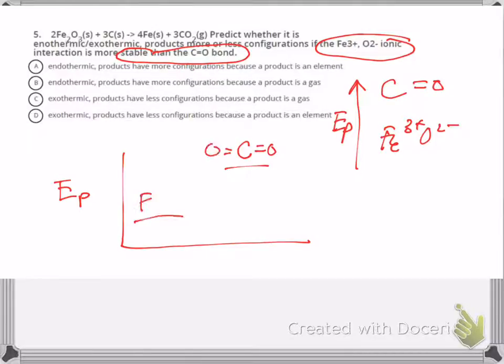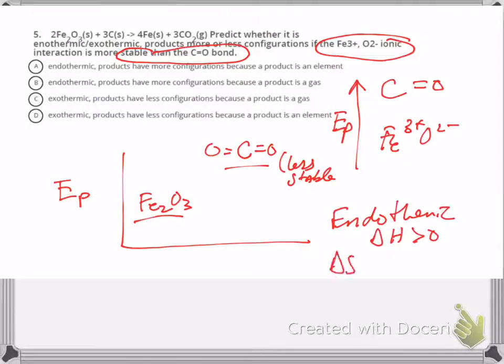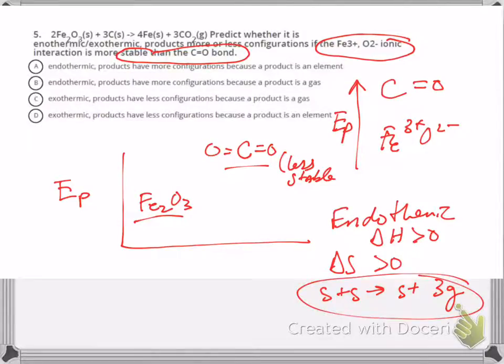So we could write the potential energy like this: less stable C double bond O, more stable Fe2O3. We have an endothermic reaction. Delta H is greater than 0. Delta S is greater than 0 because we have solid plus solid in reactants making solid plus gas. Number of configurations and entropy is increasing, so we would have a positive delta S.